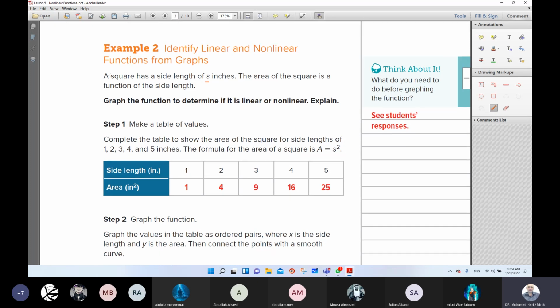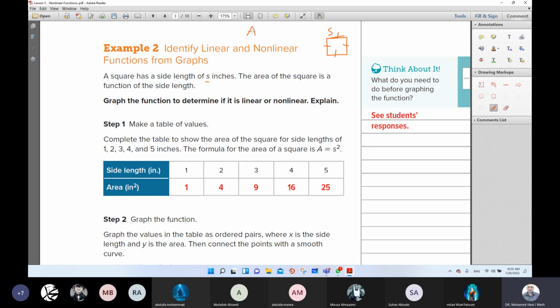Okay. Here we have a square. As you know, a square quadrilateral has 4 equal sides. This side equals this side equals this side equals this side, and the length of each side will be s.